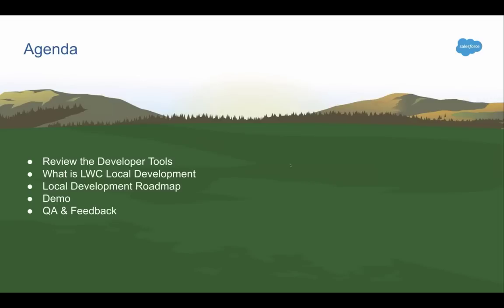Welcome, everyone. Today we're going to cover a number of different things. We're going to first do a bit of a review of some of the developer tools that you use for LWC development. We're going to talk about what it actually means to have LWC local development available, and discuss some of the roadmap, things that will be coming post our first beta release.